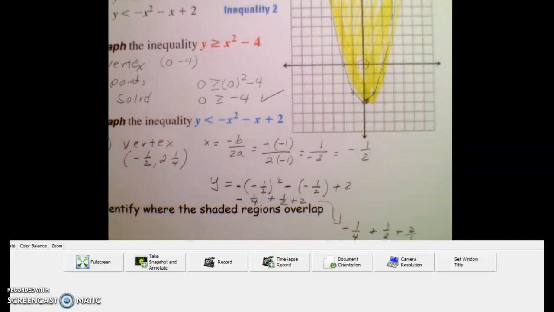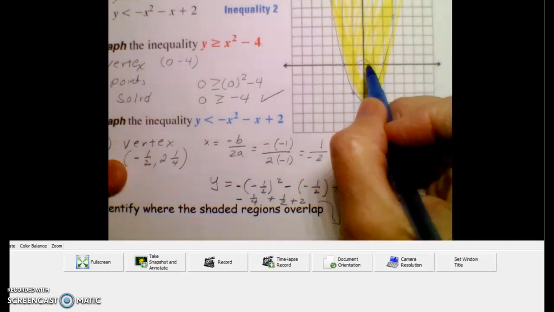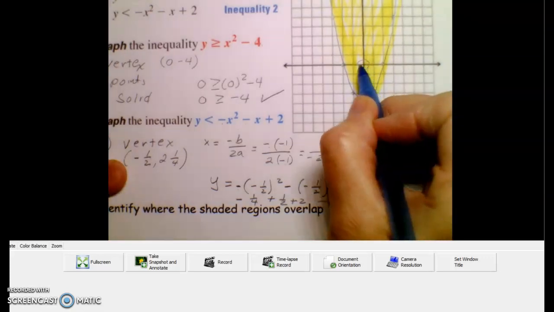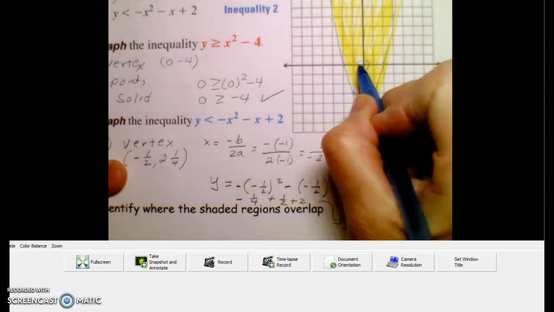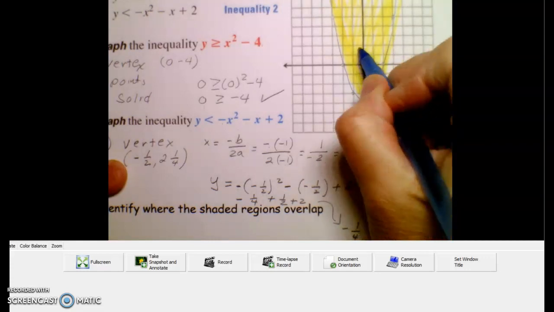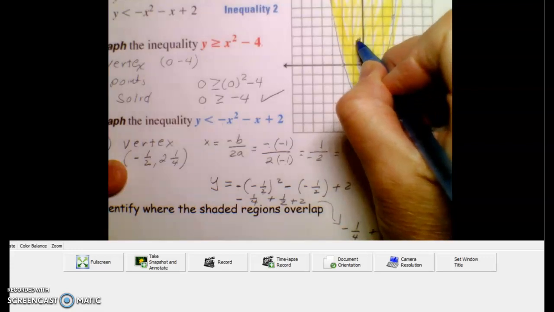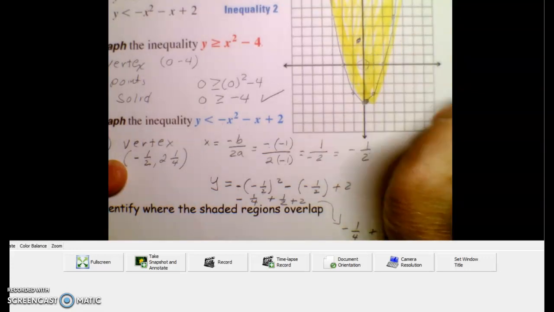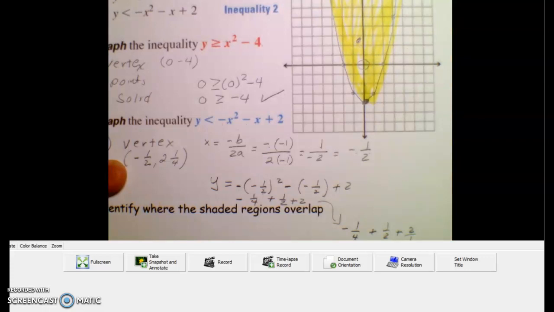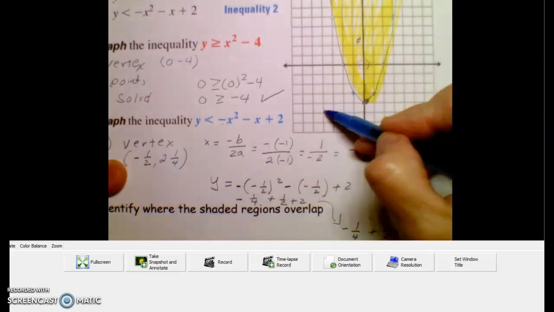Let's plot my vertex over here, and I'm going to use a different color so hopefully we can see it easier. Starting here and going over negative 1/2, and up 1, 2, and a little more. So about there. That's my vertex. Now, we know that this U's down, so it's coming down like this.